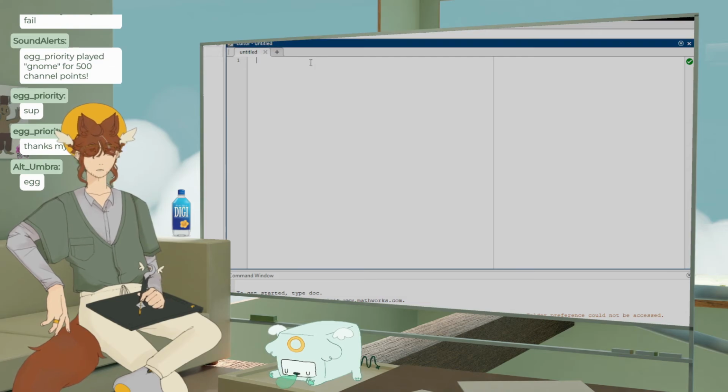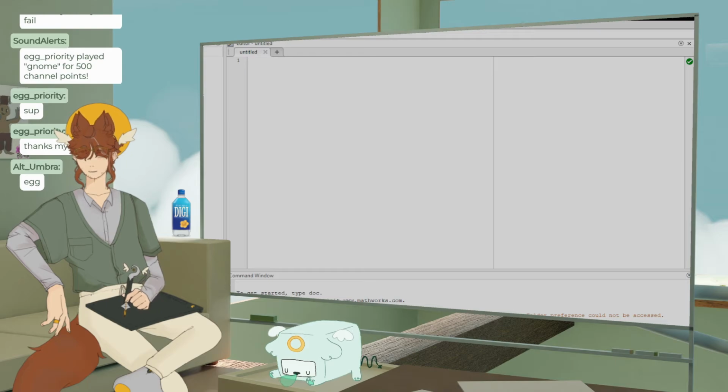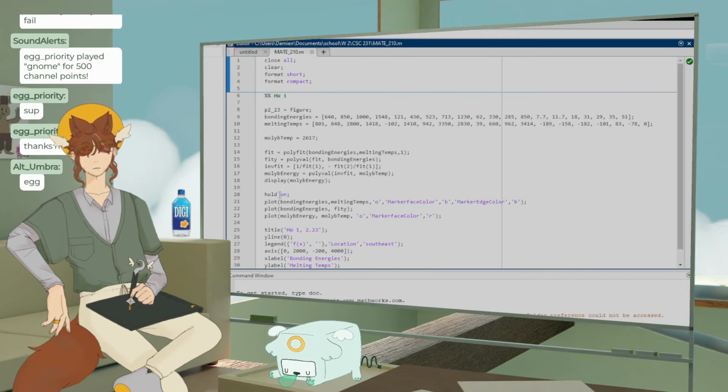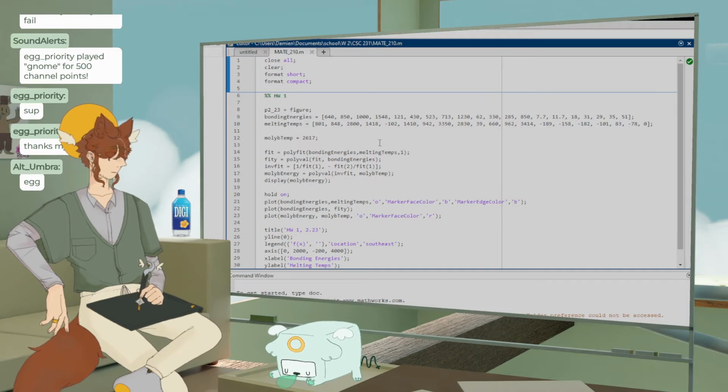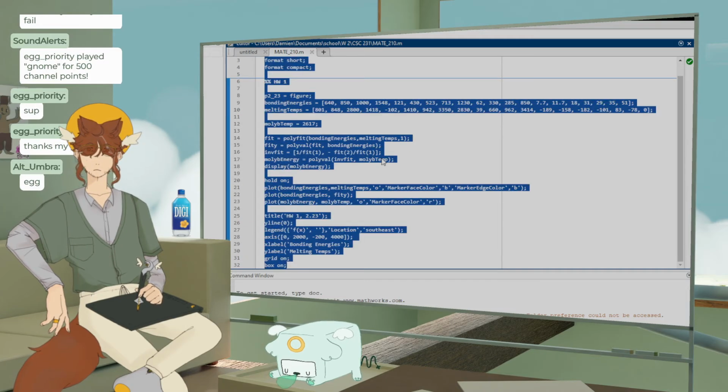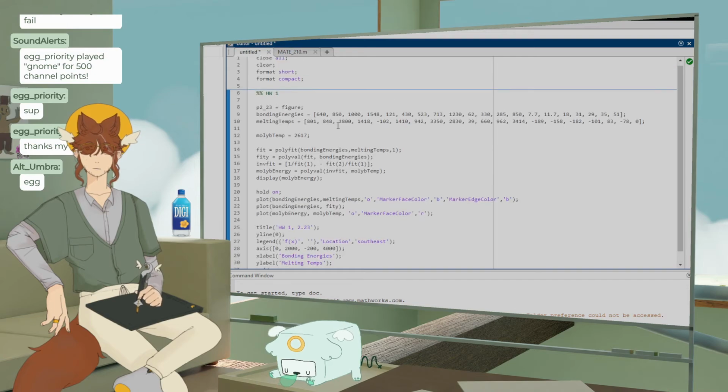Okay, so we need to start with... Let me actually open up one of my older labs that I have. I need to be a little careful. Oops, not that one. Where would that be? Here? Here? Yeah. I think this one should be okay. Okay, I'm going to steal this.